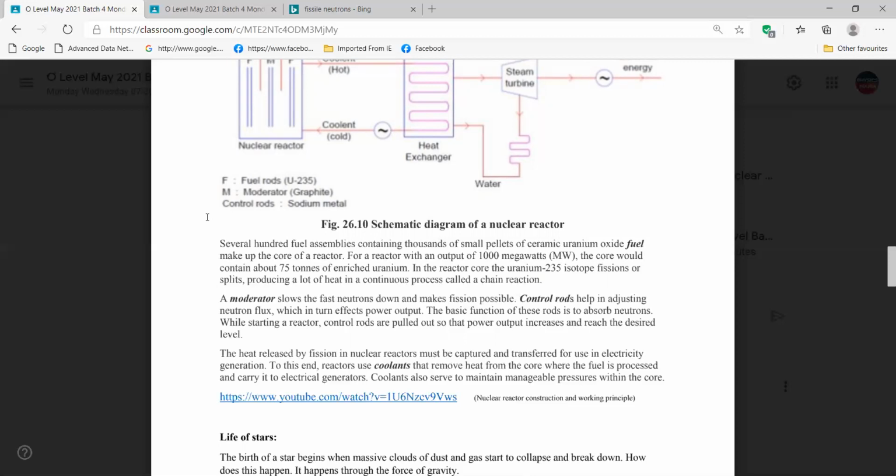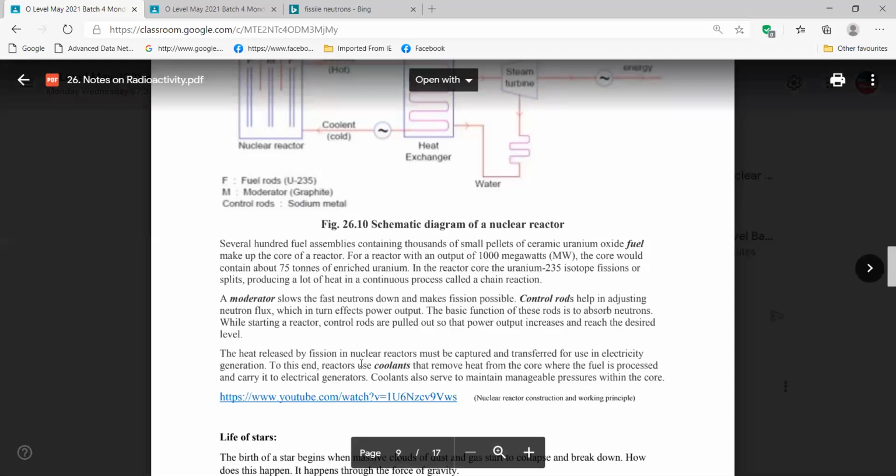So you wrote the heading that the uncontrolled chain reaction can be controlled by using moderator and control rods, and you also write a little bit about moderator, control rods, and coolants.